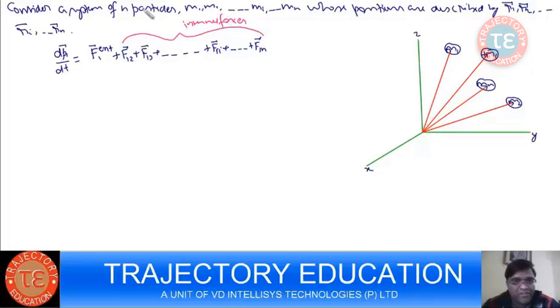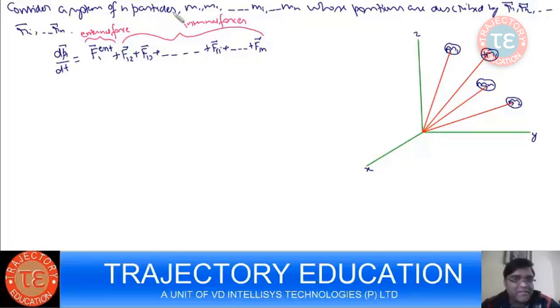So if I consider these n particles as one system, then the force which these particles exert on each other is called internal force, and the force which a particle from outside exerts on these particles is called external force. F1 ext is not the force which the other particles exert on m1. F1 ext is a force which something else, something outside the system, is exerting on m1. So that is the external force.